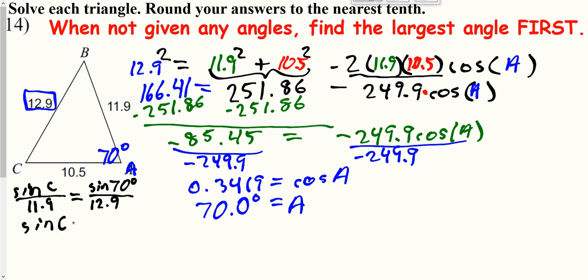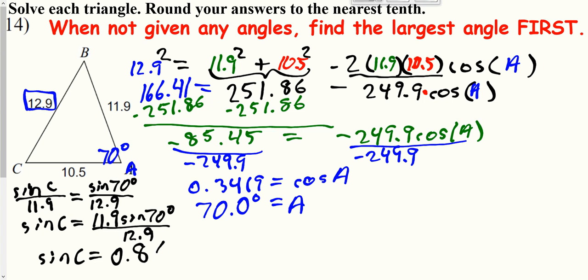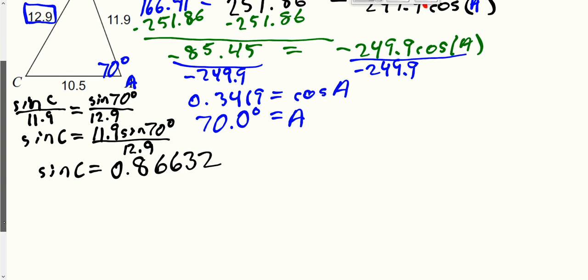Then get rid of the divide by 11.9, so multiply both sides by 11.9. I'm going to type the whole right-hand side into my calculator all at once. Take it out at least 4 decimal points.